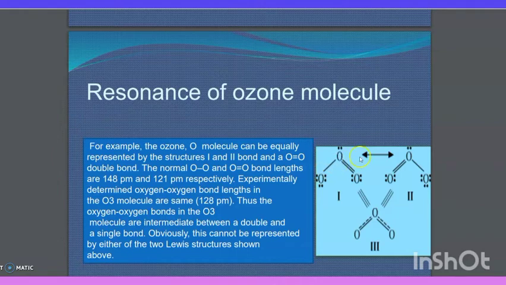In the same manner, it can exist in this form also, by interchange of these two oxygens. Such forms, 1 and 2, are known as canonical structures, that is, similar structures. It can exist in this form also. So in order to attain stability, a molecule can exist in different forms. This is known as resonance structures.